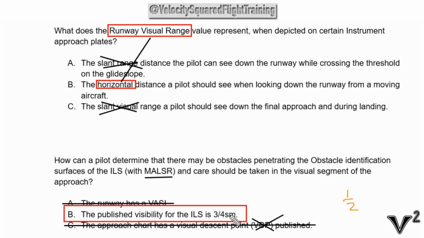Because the FAA is saying you should probably be able to see a little bit more at minimum to be able to do this, just in case one of these obstacles gets in the way on your visual. Because remember, we're talking about the visual descent, right? So they're going to add some to this. So when you see a MALSR ILS and you're like 3/4, what the heck? That's not normal. It's because this is probably what's going on. Okay, but now you know the why, and you also know how to find this answer easily on the test, which is to think about those other ones, right?